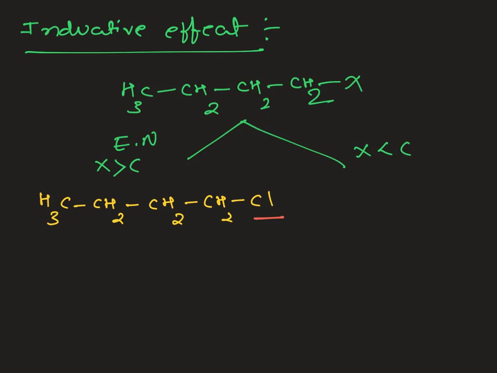If it has a strong dragging ability, it can drag the bonded pair strongly, and that is more electronegativity. Fluorine is the highest in the whole periodic table. That means fluorine can drag the bonded pair of electrons towards itself very strongly, and that's why it has the highest value. So chlorine is more electronegative than carbon.